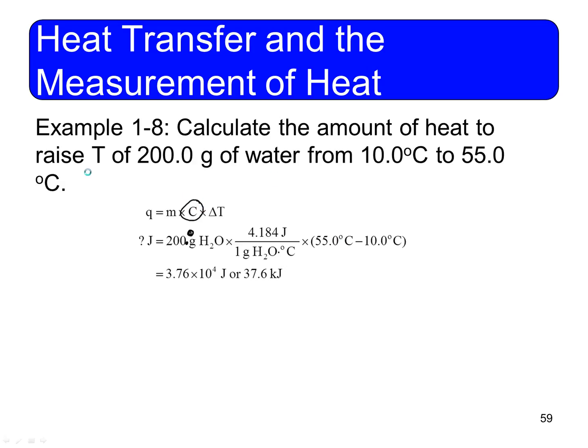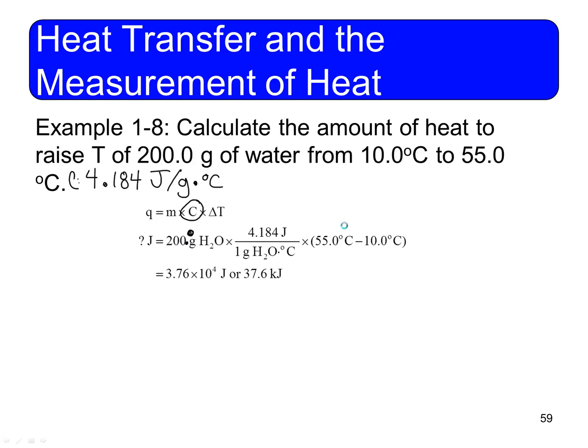So somewhere in the problem you would have the specific heat of water is equal to 4.184. Sometimes you see it as 4.184 or 4.18 joules per gram per degree C. So we have mass 200.0 grams. And we have our specific heat 4.184. And then we have to multiply times change of temperature.